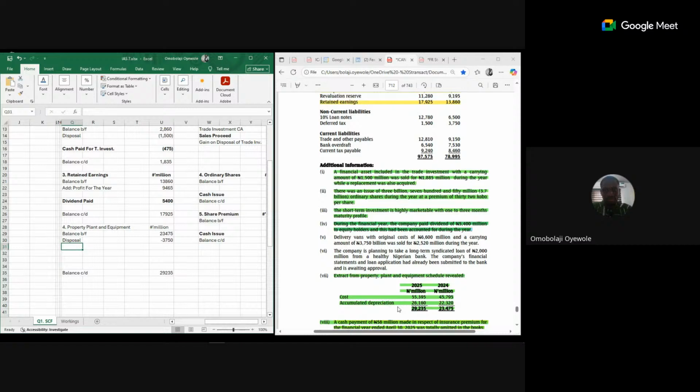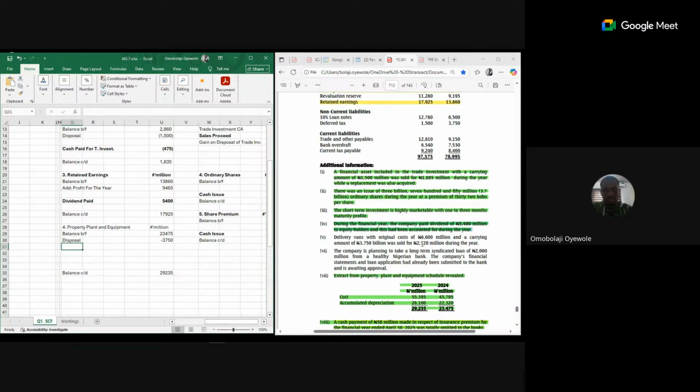There's an accumulated depreciation. We are going to open another column for accumulated depreciation, so that we get the total depreciation for the period. On this same delivery van that was disposed, there is a depreciation. So the depreciation on that delivery van is how much?